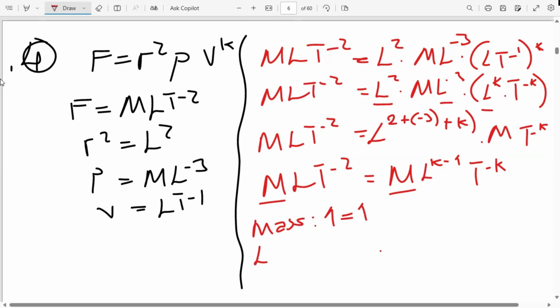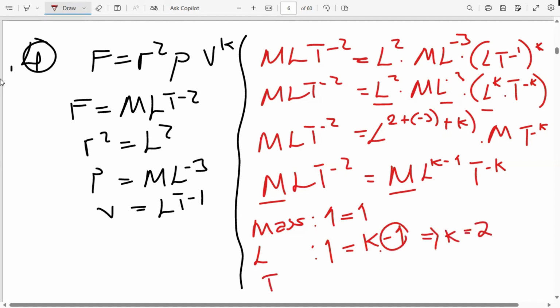Then we have L, which is length in this case. The power on the left-hand side, which is 1, is equal to the power of L on the right-hand side, which is k minus 1. So I'll take this minus 1 to the other side of the equation, and I'm going to remain with k being equal to 2.